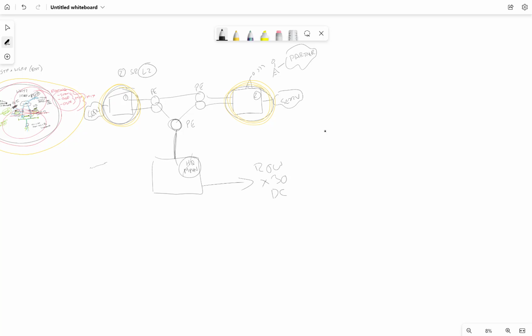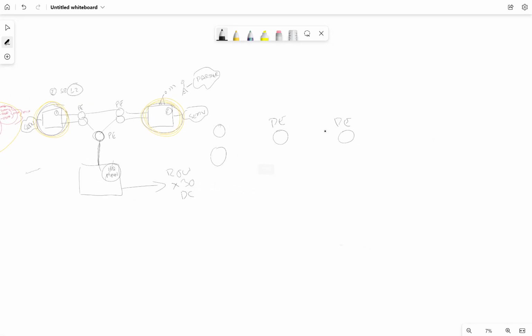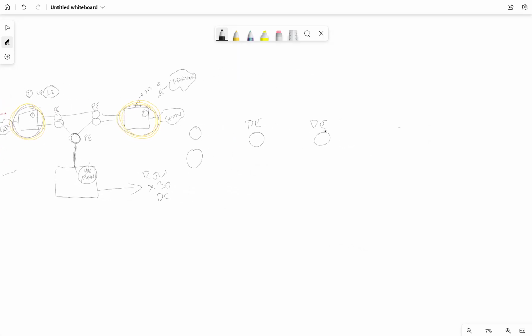From a PE perspective, we have one PE here and one PE here. Then we have two devices here in the data center 1, and we have one device here in data center 2. So this is data center 2, this is data center 1.